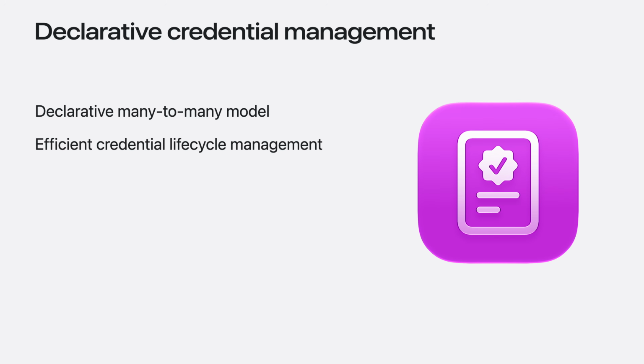Configuration profiles that use credentials are being transitioned to declarative configurations, so managing the lifecycle of credentials is much more efficient. When you need to refresh a credential, your server only needs to change the asset, and the device takes care of updating all the configurations that use it.